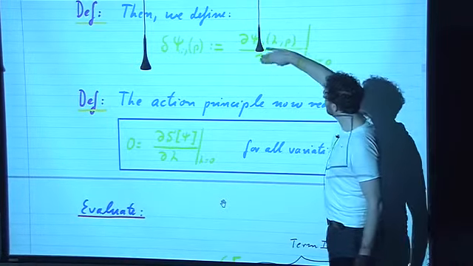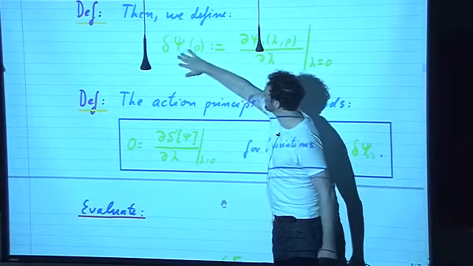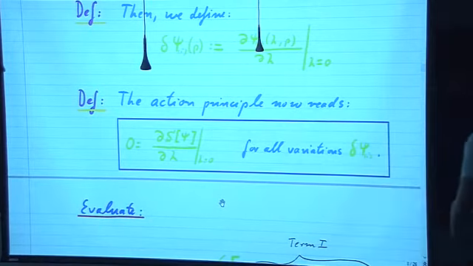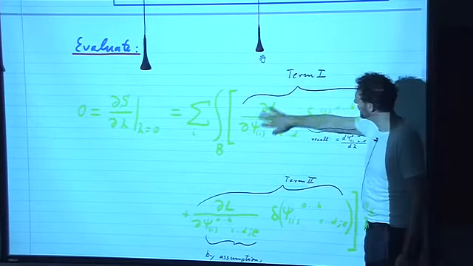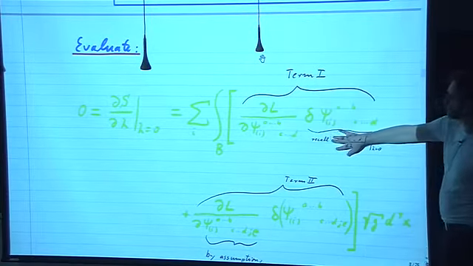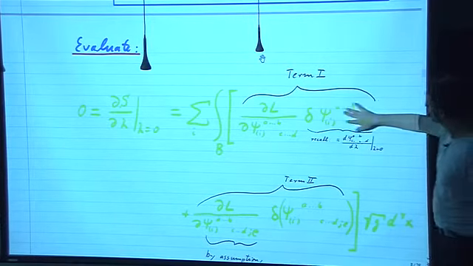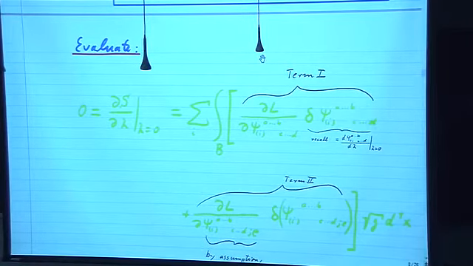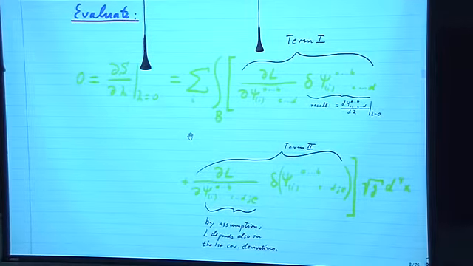D psi by d lambda is by definition written in this way. So this was just the chain rule here. You're just saying dL by d psi times d psi by d lambda, chain rule. And d psi by d lambda is also written in this suggestive way. It's just the notation for it. Okay, so that's the first term.